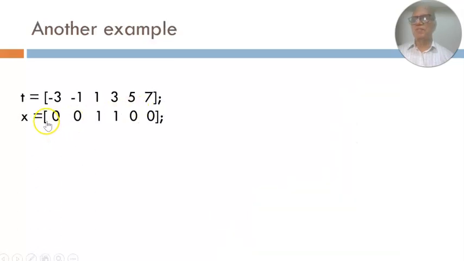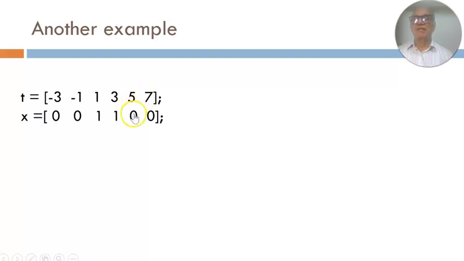So suppose our input arrays are like this: -3, -1, then 1, 3, 5, 7. So between -3 and -1 it remains at 0. Between -1 and +1 it increases linearly from 0 to 1. Between 1 and 3 it remains constant at 1. Then between 3 and 5 it decreases linearly from 1 to 0.